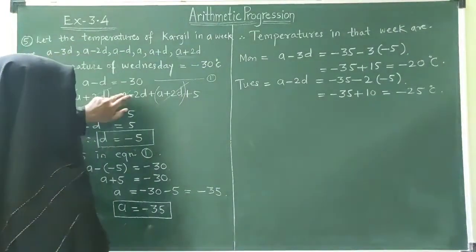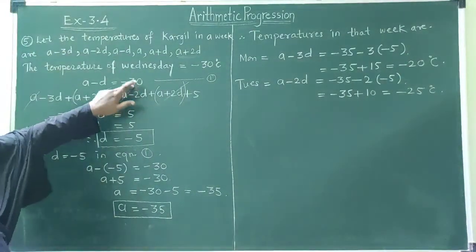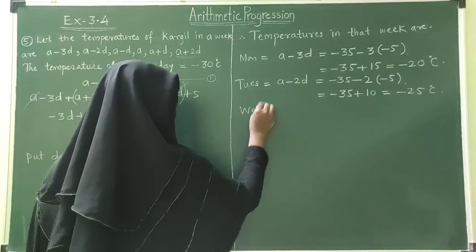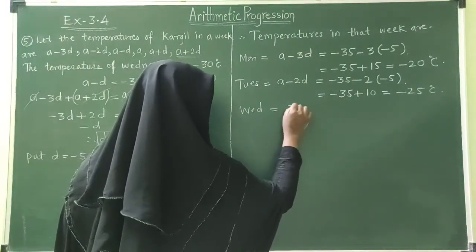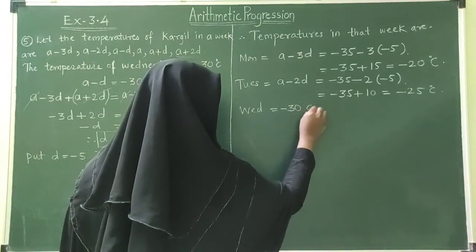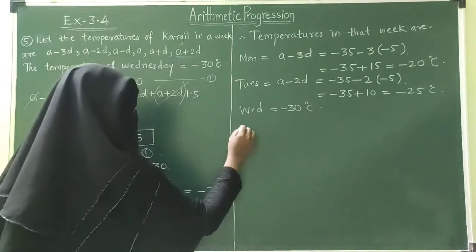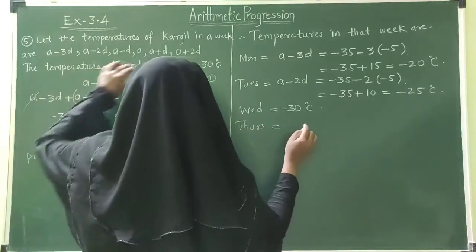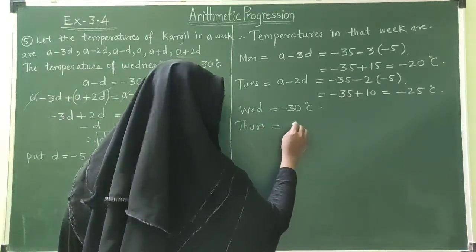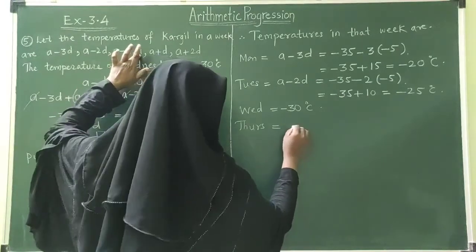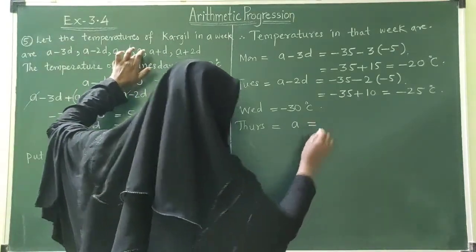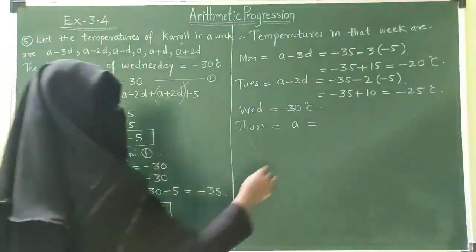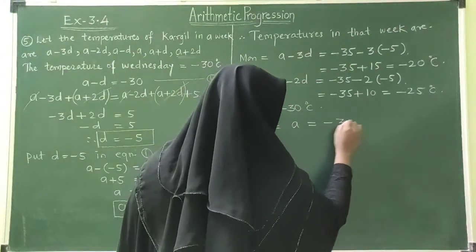On Wednesday, the temperature is given already: -30 degrees Celsius. On Thursday, the temperature was A. Value of A is -35.